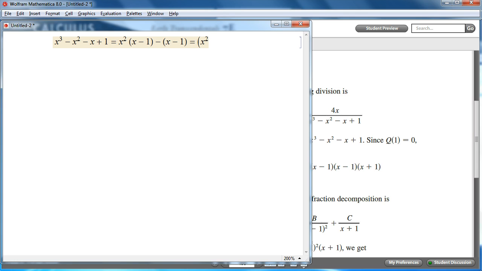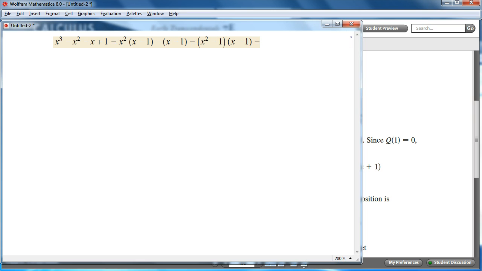So x squared minus 1, x minus 1, because x minus 1 is common here and there. And then finally, I can factor x squared minus 1, x plus 1, x minus 1, and x minus 1 was there before. So combining these two, I'm going to get x minus 1 squared.